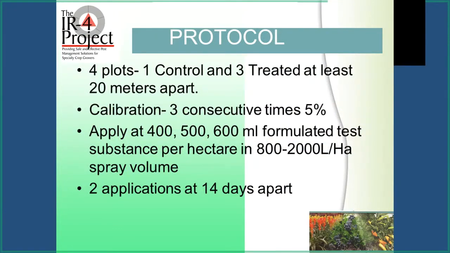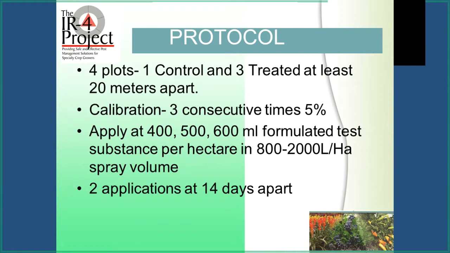Every protocol has its own directions, and don't mistake these directions as your directions. This is just an example. Okay. So the protocol stated that they needed to have 4 plots plus 1 control and 3 treated plots, at least 20 meters apart.